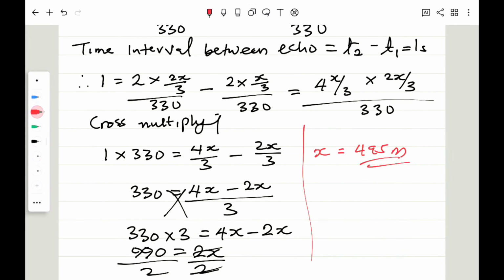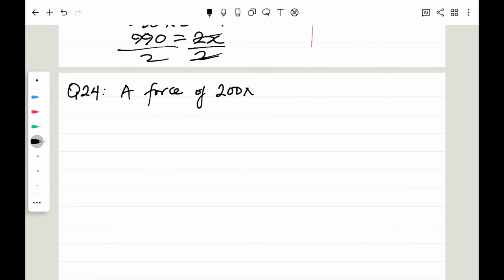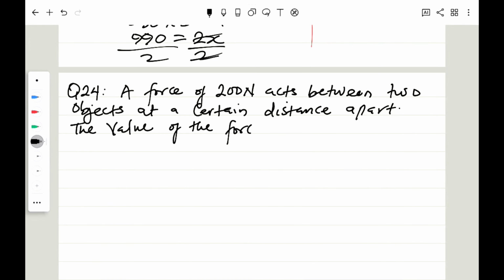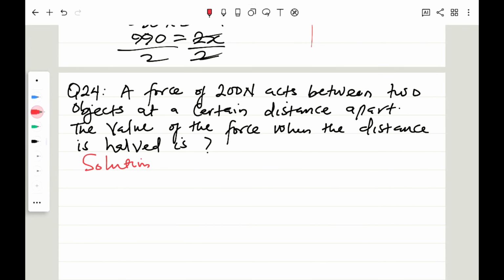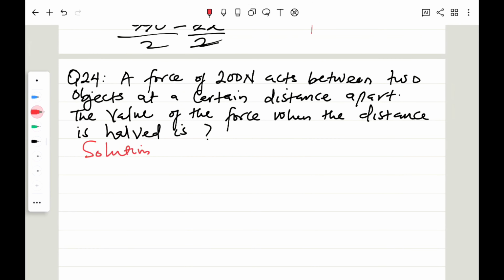Okay? Question 24. A force of 200 Newton acts between two objects at a certain distance apart. The value of the force when the distance is halved is... So solution now. Let's extract our given components or data.